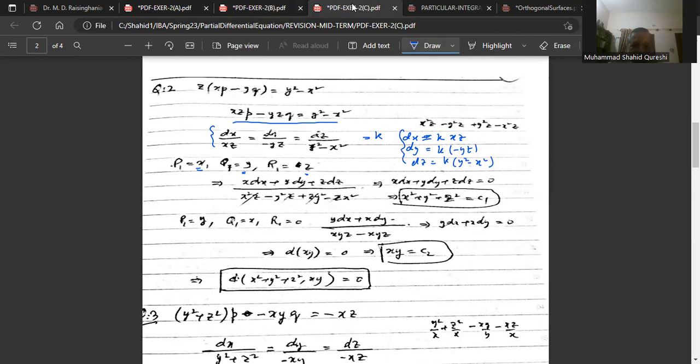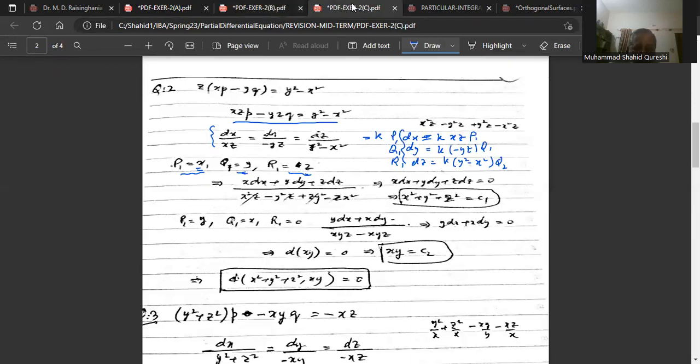Now, if you multiply each side by some function p1 for the dx, q1 for dy, and r1 for dz, and add left-hand side, add right-hand side, then you have a situation of this type. The choice of the multipliers is important because that makes it into an interesting form.